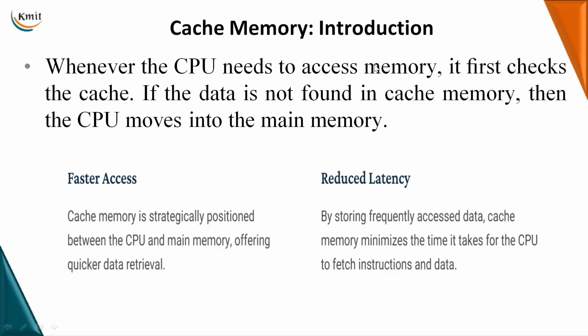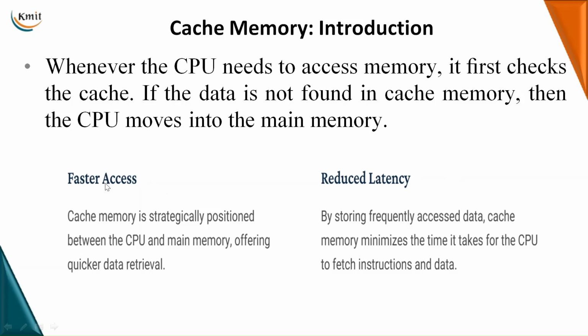If the data is found in the cache, the CPU will access that data and execute it. But if the data is not found in the cache, the CPU will move to the main memory to access the data from there.